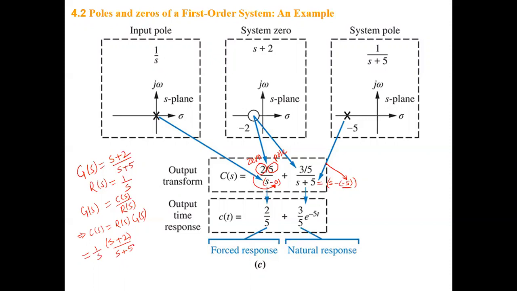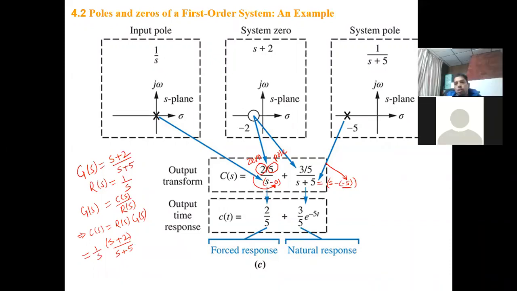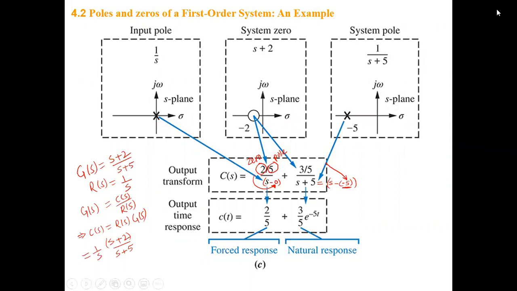Then if you take the inverse Laplace transform, what do you get? So this is your G(s), this is your C(s). C(s) equals, take the inverse Laplace transform, what do you get? c(t), right? c(t) equals, what is the thing?